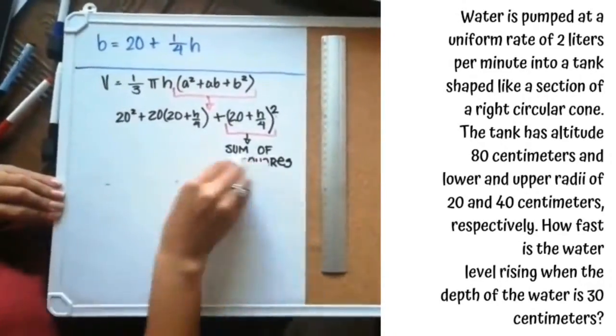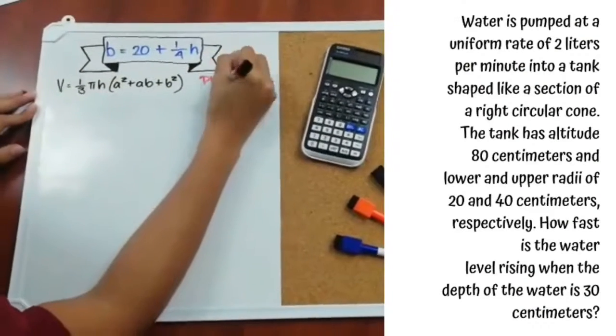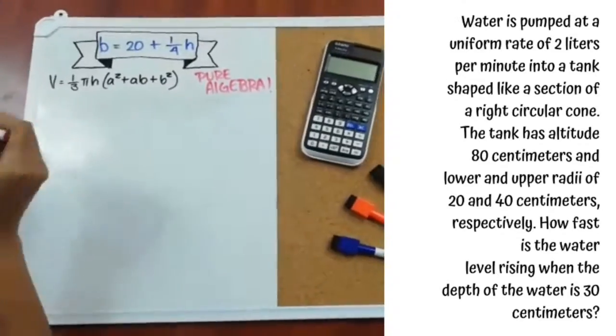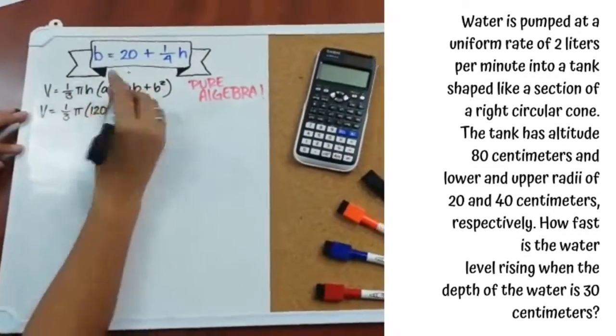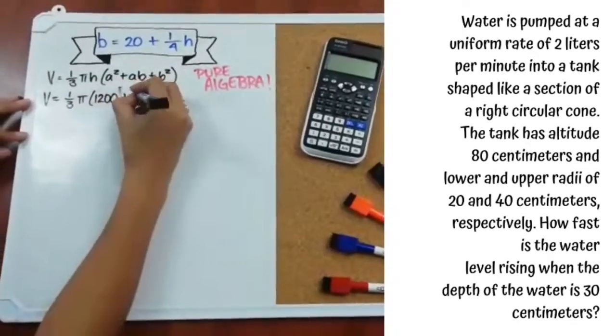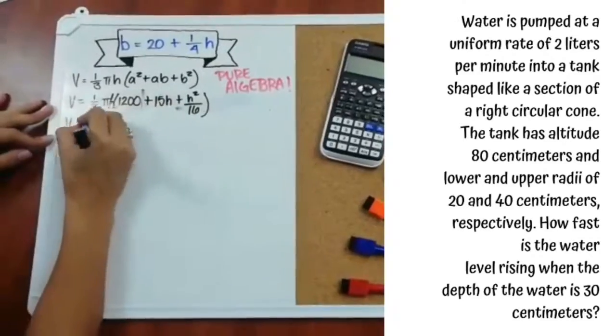The rest is just adding and multiplying, and the answer for a squared plus ab plus b squared is 1200 plus 15h plus h squared over 16. So we just replaced it: V is equal to 1 over 3 pi h times (1200 plus 15h plus h squared over 16).